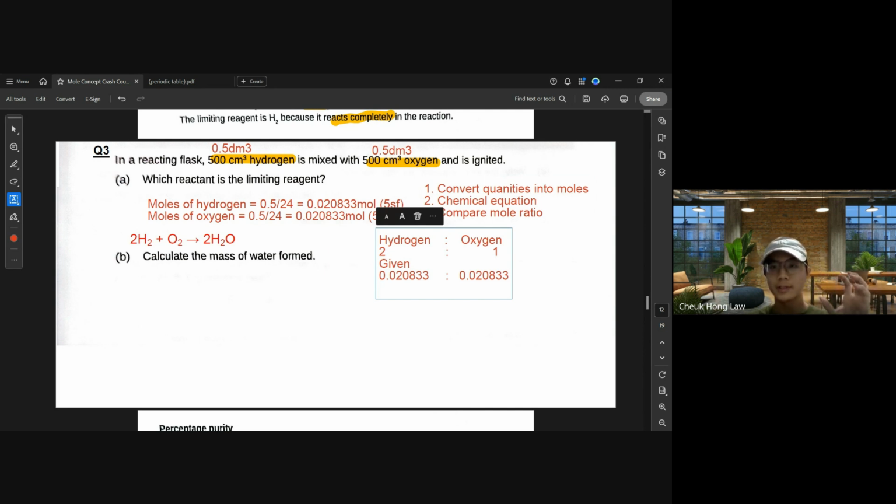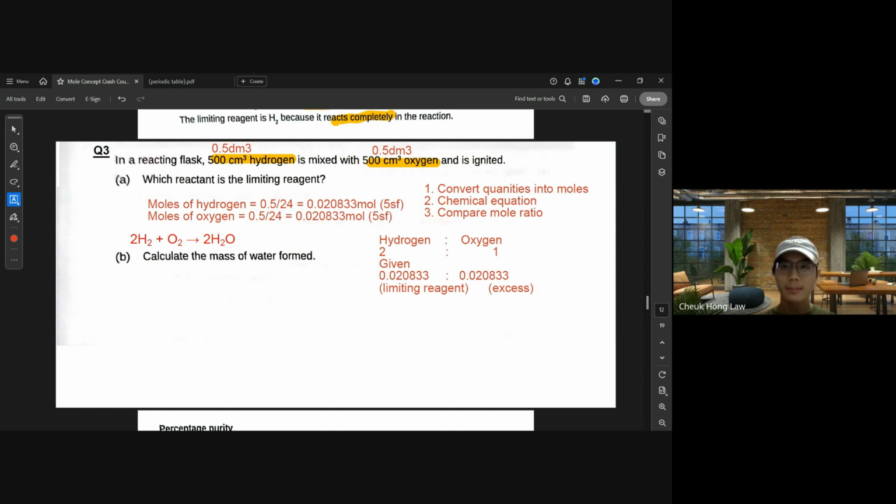So if I use 0.0208 for hydrogen, I will use 0.01 something for oxygen. The main point is, after using all the hydrogen, I will have excess oxygen remaining. Therefore hydrogen will be the limiting reagent, because all the hydrogen is used up, whereas I have excess oxygen remaining.